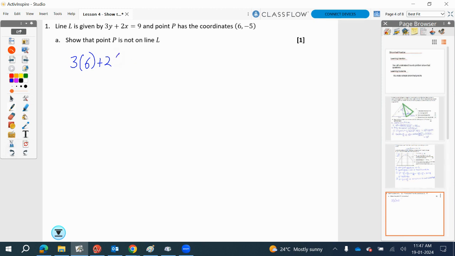Then 18 more for... This is mine. Zero. I have 18 more.